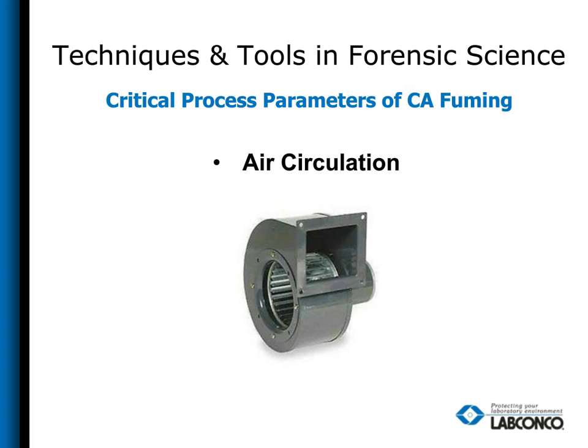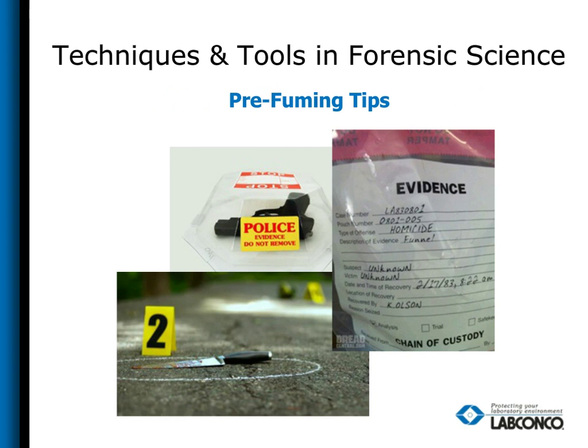Alrighty. So some of the things we need to keep in mind with CA processing are some of the pre-fuming tips, which involve evidence handling. How do we handle the evidence? How do we package it? What steps are taken before it enters the latent print processing system? A few of the decisions that have to be made are whether DNA or trace evidence is going to be collected prior to this type of processing.